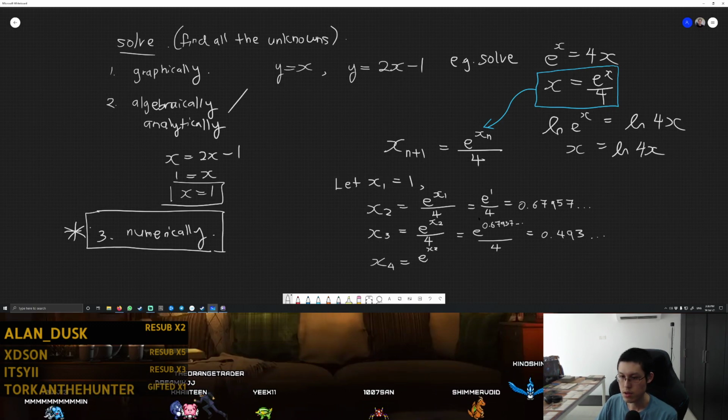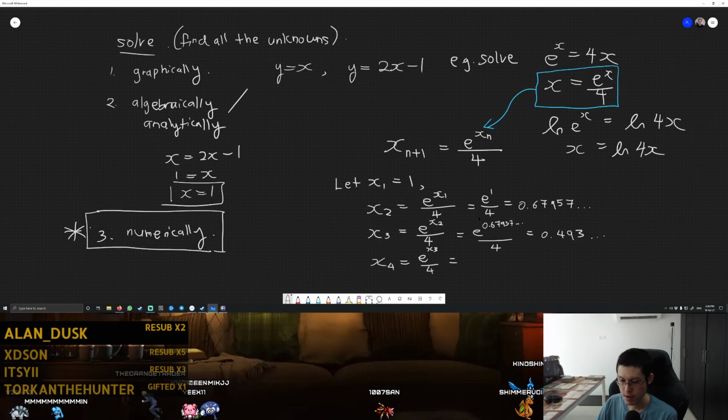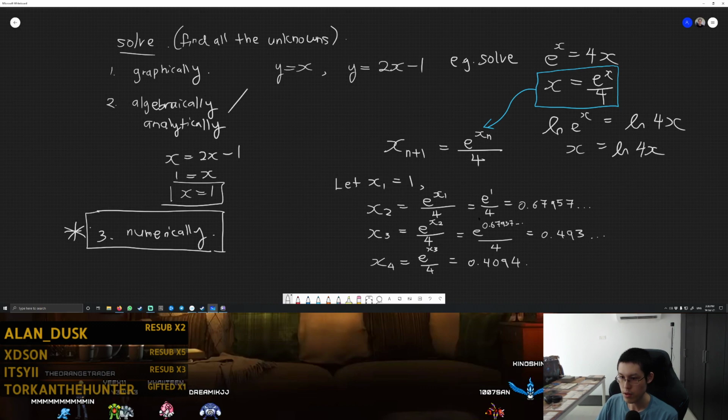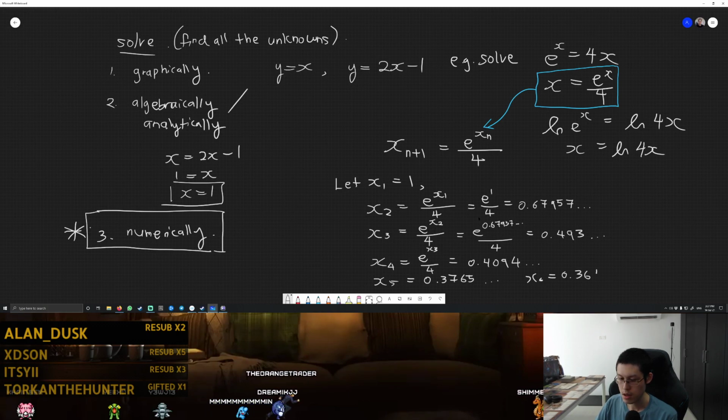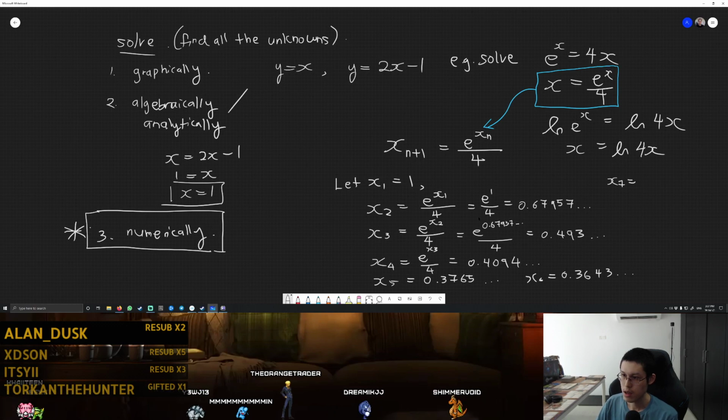x4 is e^x3 over 4, which is 0.409. I'm going to leave it as 4 significant figures. And then x5 is 0.3765. Then you go again, x6 is 0.3643. And then x7 is 0.35987.